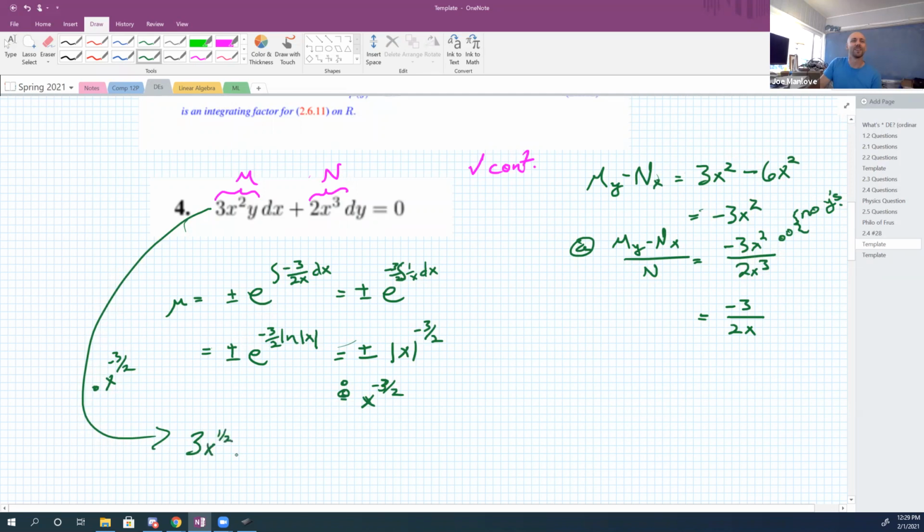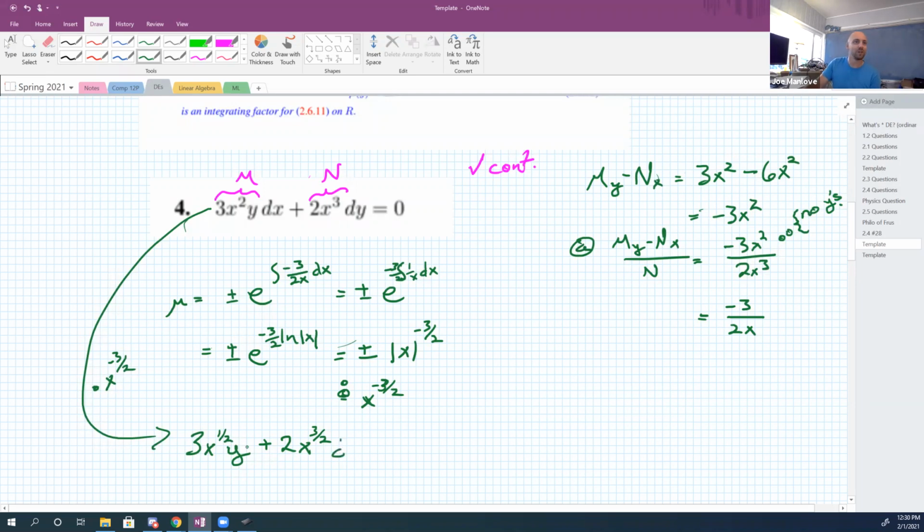So I'm going to have x to the 1 half times y. And then I'm going to have plus 2, let's see, x cubed is x to the 6 halves. And then somebody took 3 of my halves away. So I'm going to have 2x to the 3 halves. You guys with me on that?